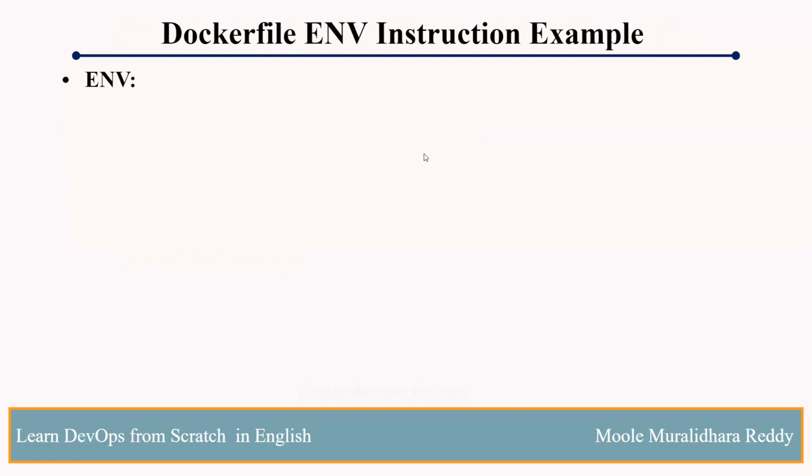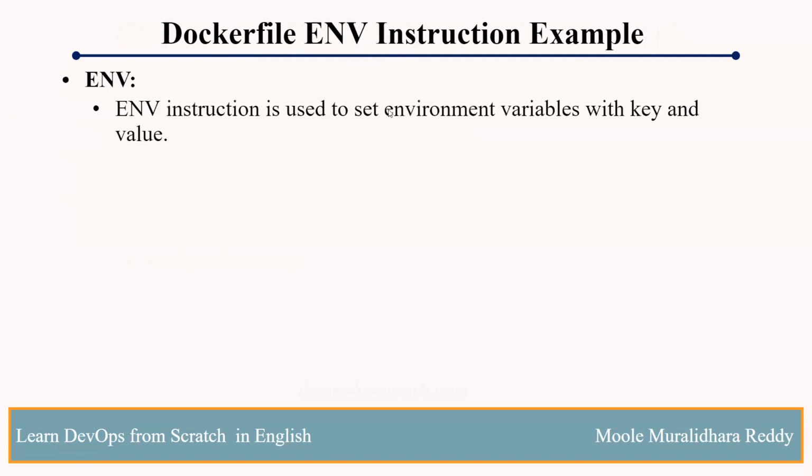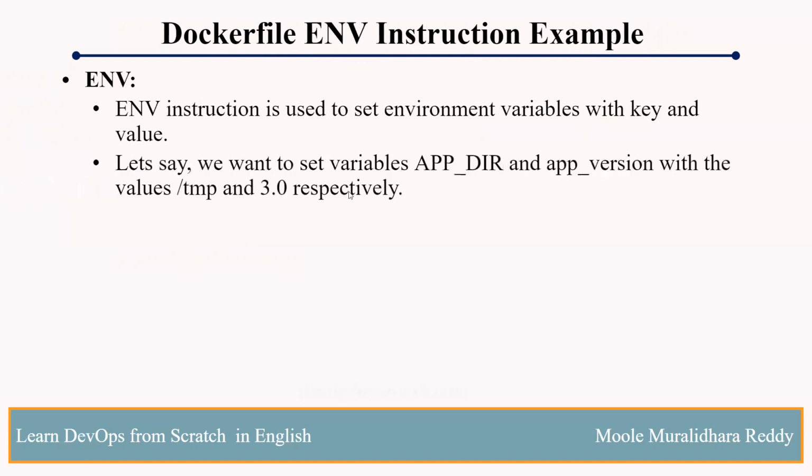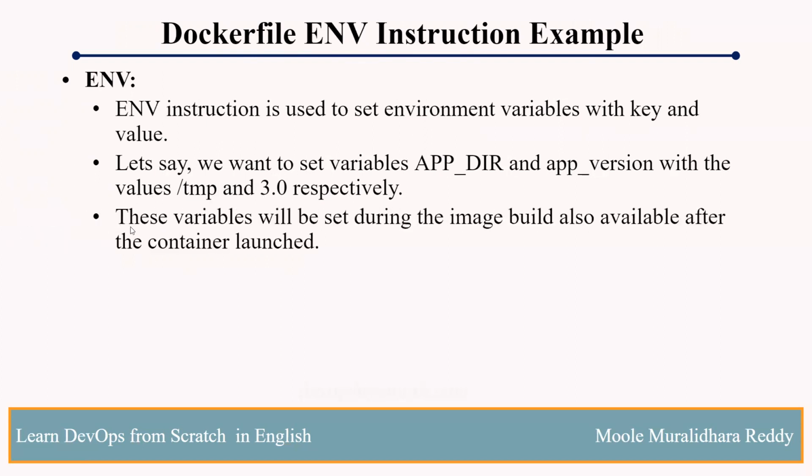Next one, the Dockerfile ENV instruction. If you want to set any environment variables, we can use the ENV instruction. ENV has a key value pair. For example, if you want to set the app version, you can define the key and the version respectively.